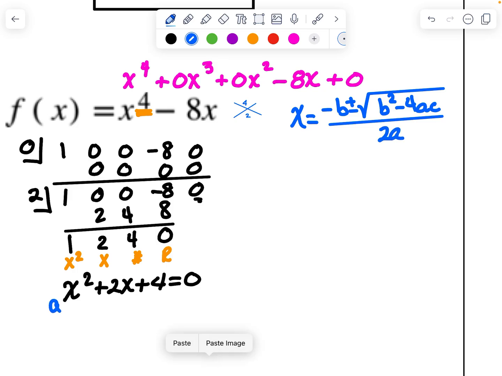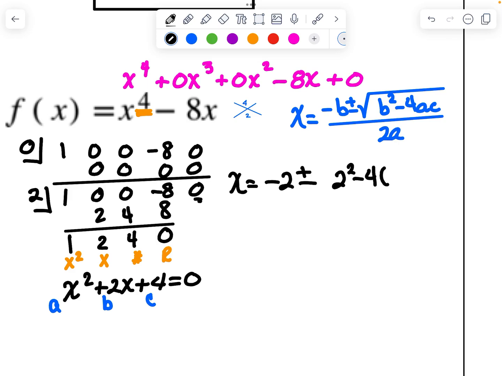This is a, this is b, and this is c. So we're going to say x is equal to the opposite of b, plus and minus the square root of b squared minus 4ac, and absolutely all of it is divided by twice a.